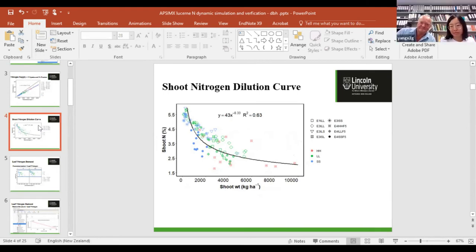So it's very, very close. So here we have probably data points with limiting nitrogen, for which the nitrogen fixation is limiting.